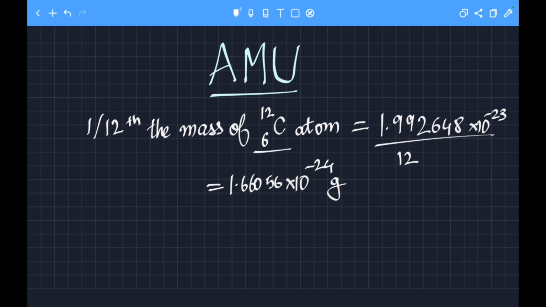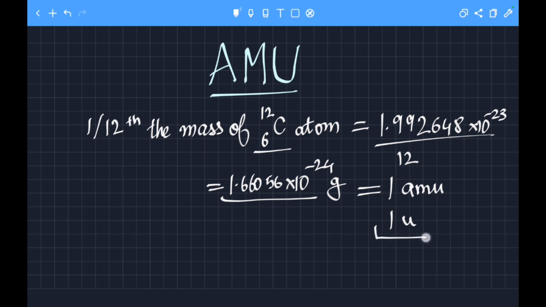So carbon atom का mass हमने अभी देखा था, which was 1.992648 into 10 raised to minus 23 grams, and that we need to divide by 12, and we arrive at this number 1.66056 into 10 raised to minus 24 grams. This means 1 AMU or 1 U, where U stands for unified mass.